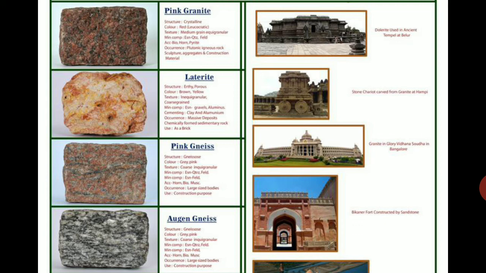Texture inequigranular and coarse grained. Mineral composition: essential minerals present are gravels and aluminous. Cementing material is clay and aluminum. Occurrence: massive deposits, chemically formed sedimentary rock. Use: as a brick.